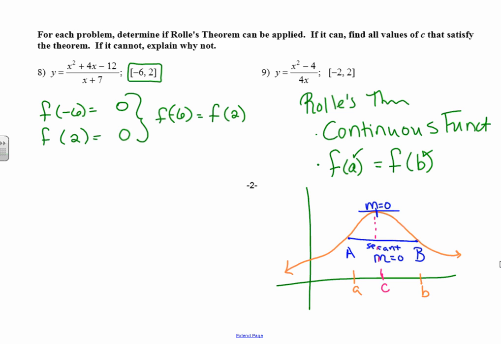So what I want to do is take my first derivative and set it equal to 0 and find C. I guess I could say f prime of C is equal to 0. Okay, first derivative. You get to do the quotient rule. Quotient rule says low d high minus high d low.